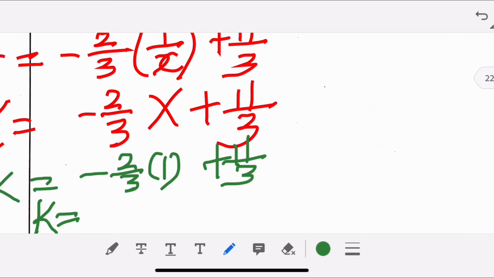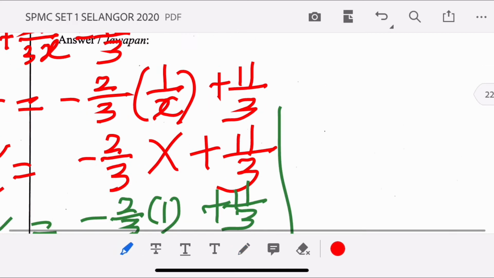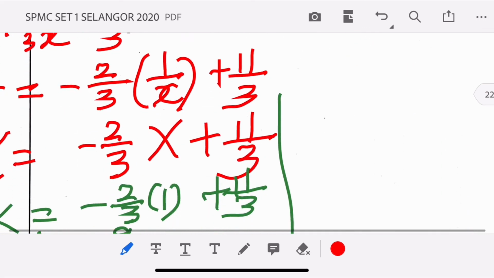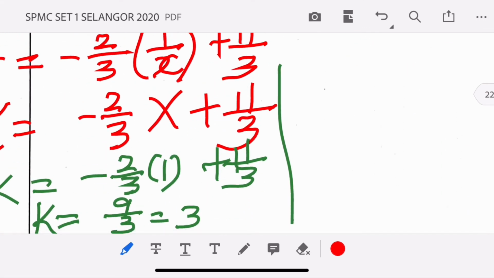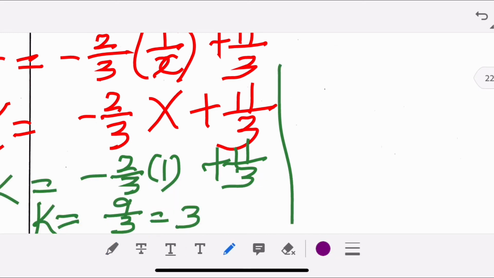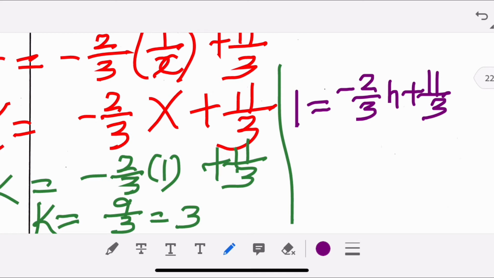11 minus 2, 9. Right, so I have to take 9 divided by 3. And I have to substitute h and 1. H and 1 means that the 1 is the y. So 1 is equal to negative 2 over 3h plus 11 over 3.